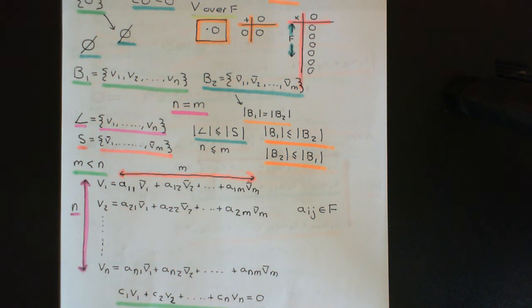We're not talking about infinite dimensional vector spaces. That's a topic for analysis, not algebra. Now, one final definition which I'll give you in this video, and then we'll have a break and come back in the next video to prove a final theorem.